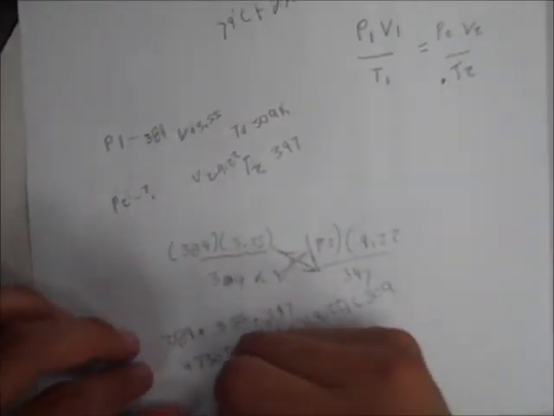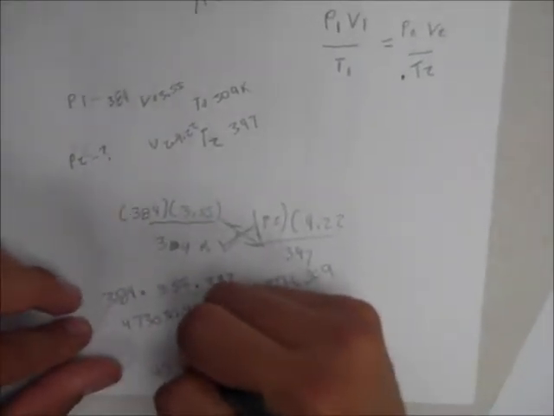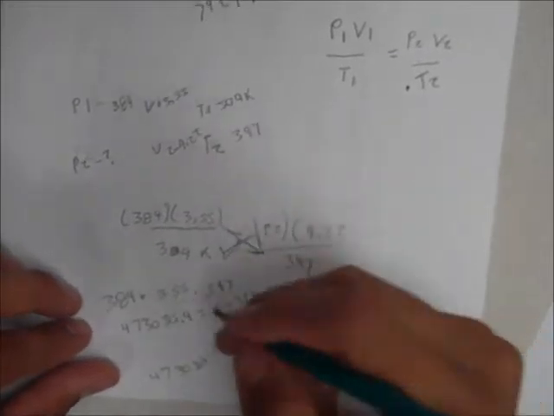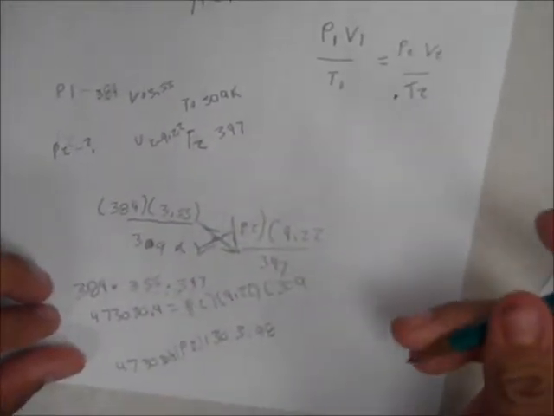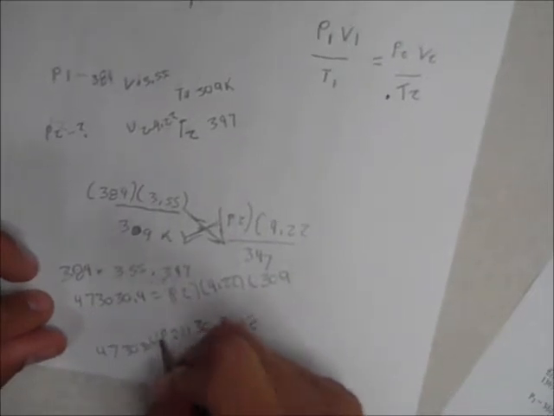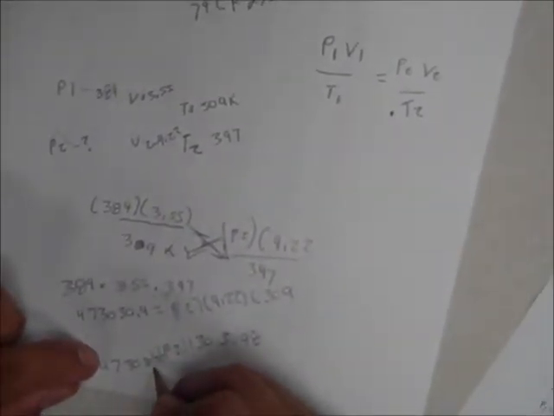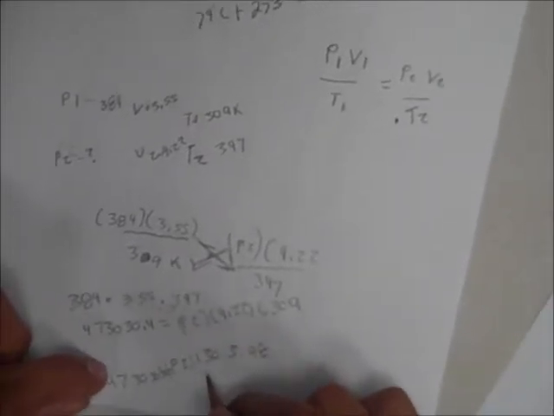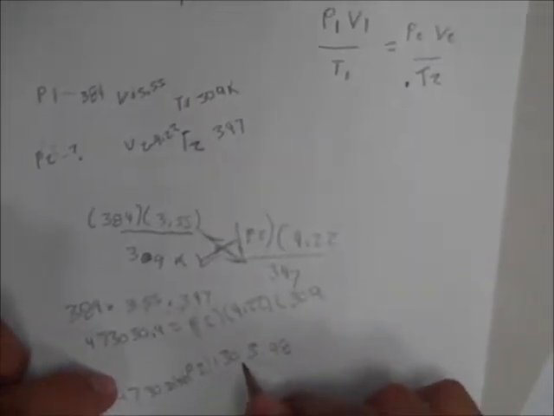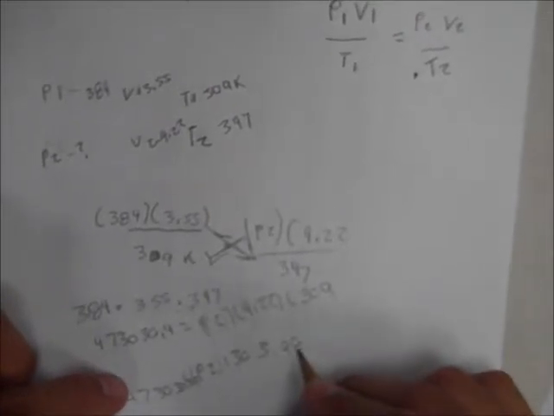So we have 473,030.4 equals P2 times 1,303.98.